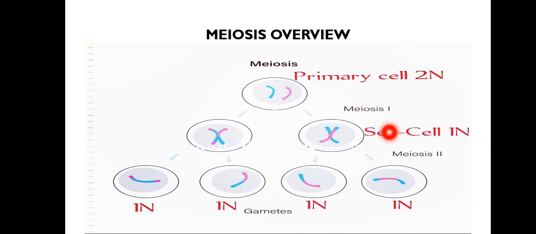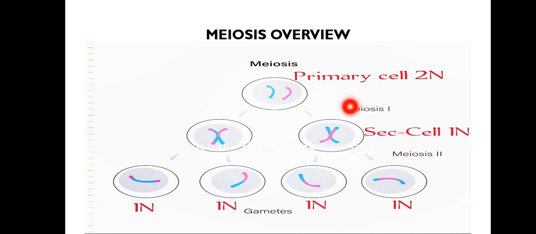But from the secondary cell, when you produce your final daughter cells, you are producing a haploid number of chromosomes. 2N simply means 46 chromosomes, but what you have down here is 1N, or rather N, which simply means 23 chromosomes.